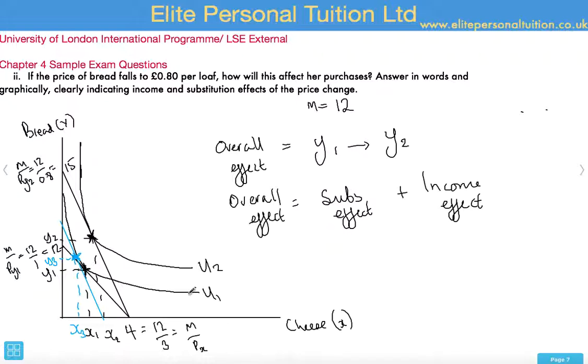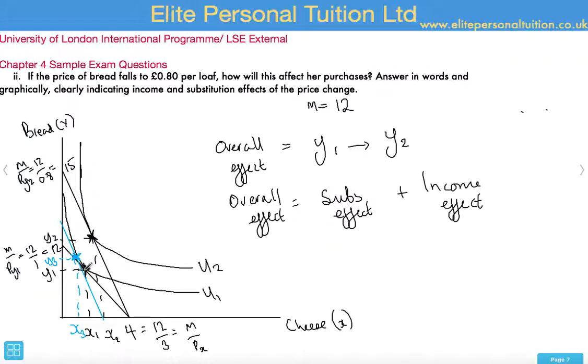Okay, so the substitution effect is looking at how would we change our behavior if the change in our income from the price change is stripped out. So that's what we've done. We've stripped out the income effect. And we see that in order to have the same utility faced with the new prices, we'd actually consume a little bit more of y and a little bit less of x.